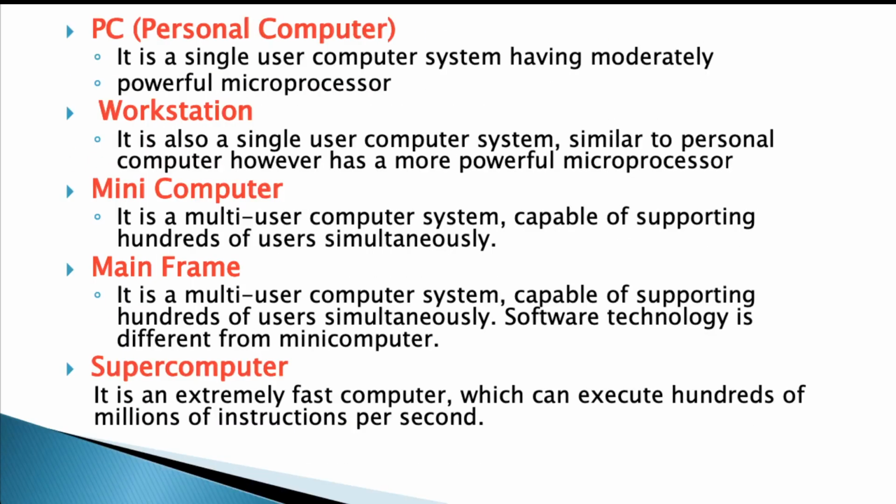Then you have mainframes, which are also multi-user computer systems. They also support hundreds of users simultaneously, but the technology used in a mainframe is different from what is used in a mini computer. Then you have supercomputers, as the name suggests, super fast, extremely fast computers, and they could obviously execute hundreds of millions of instructions per second.